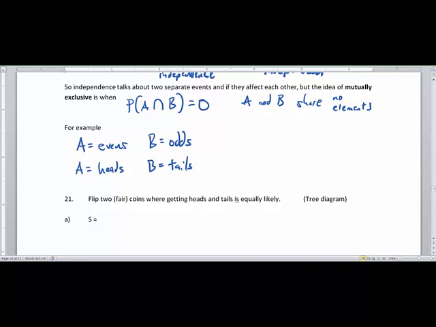These are mutually exclusive events. They have no overlap. You can't have both at the same time. I can't have evens and odds unless I demand that, and that would just give me the whole set. But evens and odds don't naturally share an element. Heads and tails do not naturally share an element either.